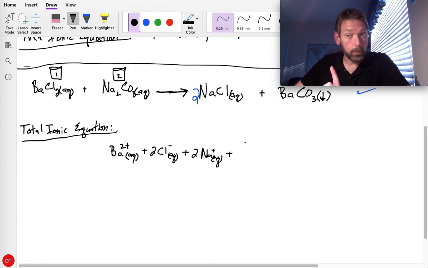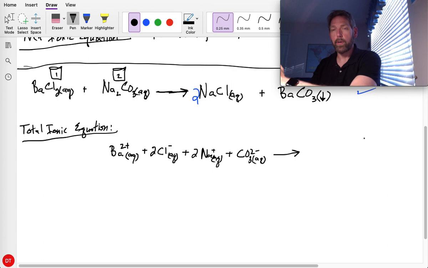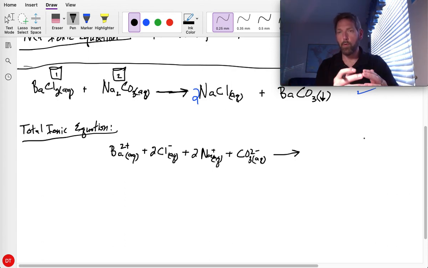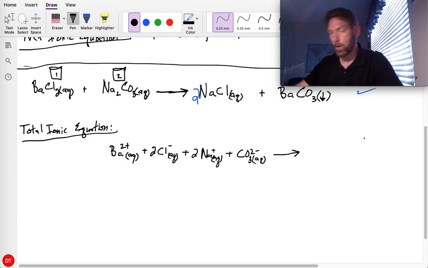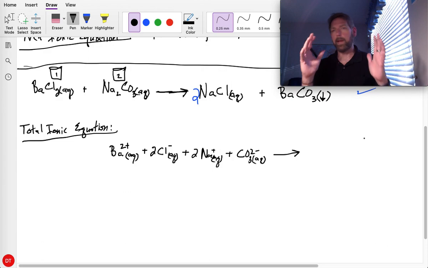And then there's 1 carbonate right there, right? Because remember, carbonate is just CO3 2 minus. So we don't write 1s, CO3 2 minus. And again, draw a reaction arrow. I don't have enough room on this side, so I can drop down, come over this way, and then start over again if I don't have enough room to make it all in one line. On a quiz or a test, you'd have a regular 8.5 by 11 piece of paper, and you'll have plenty of room to go left to right.